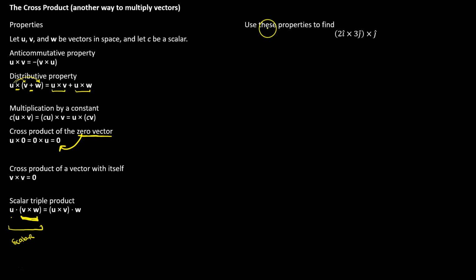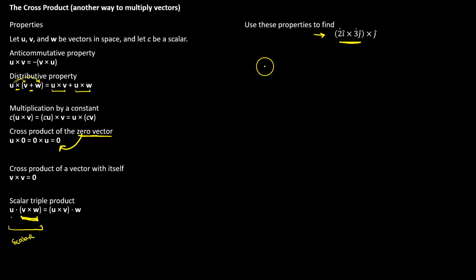Almost forgot that we were going to use these properties to simplify this expression on the screen. All right. So we have 2i crossed with 3j, and then we're going to cross that with the j vector. Looking at our properties, we want to see what we can apply here. How about we start with the constant multiple rule? I have a cross product, and the vectors in my cross product have coefficients or constant multiples, however you want to look at it.